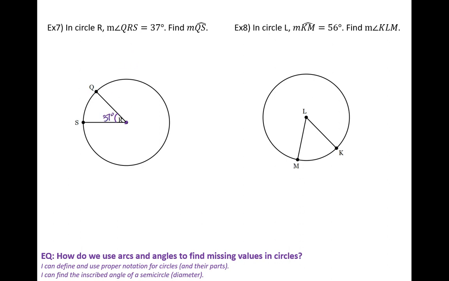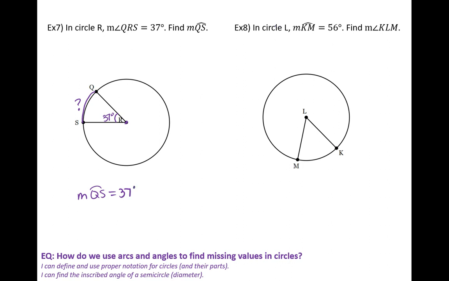And we are supposed to find the measure of arc QS. So we're asked how many degrees is arc QS. Since this angle here is a central angle because it has a vertex at the center, the arc and the angle will match. So we can say the measure of arc QS equals 37 degrees.